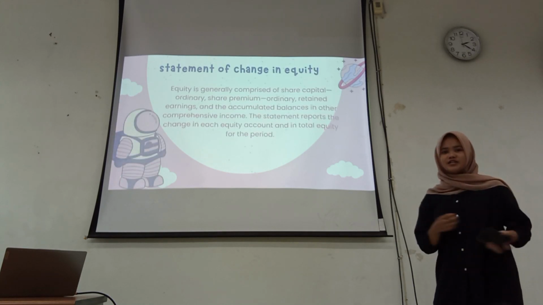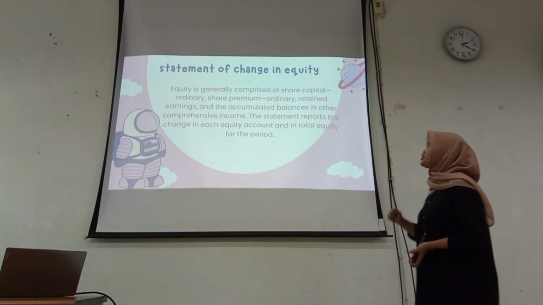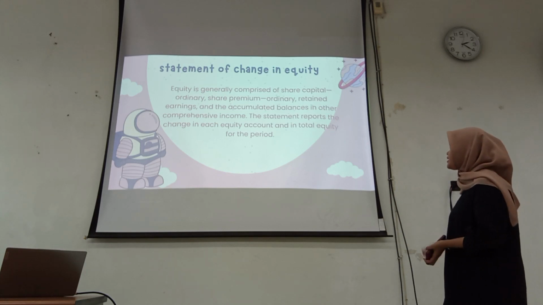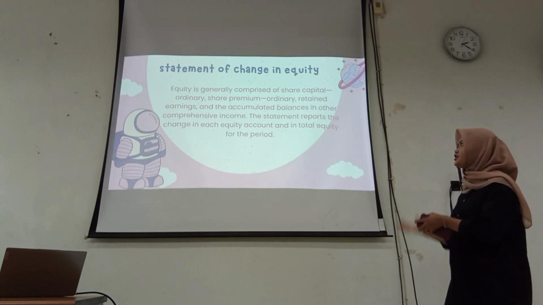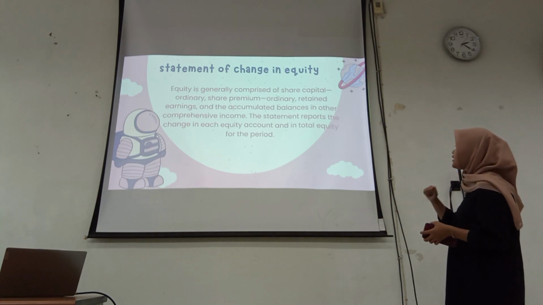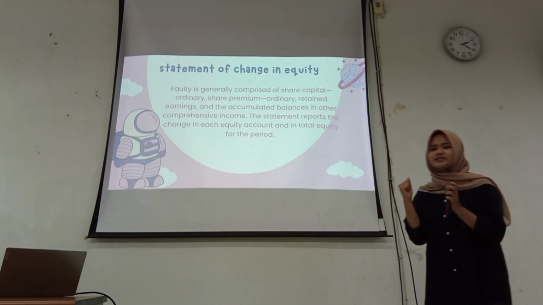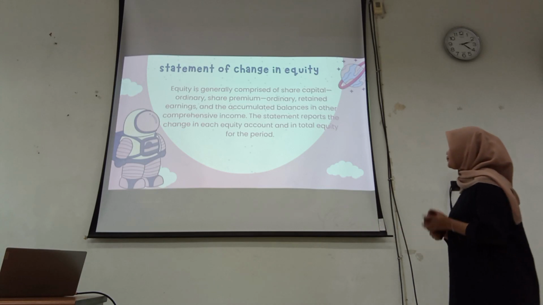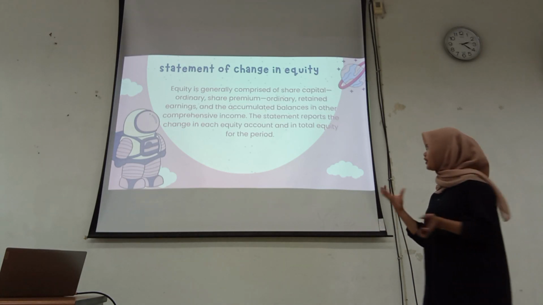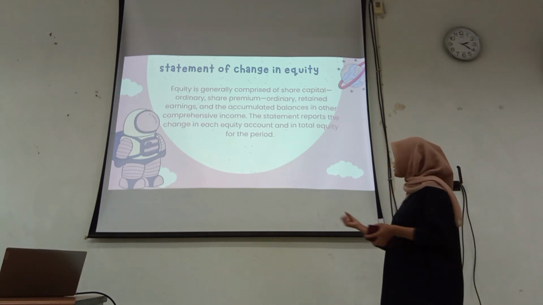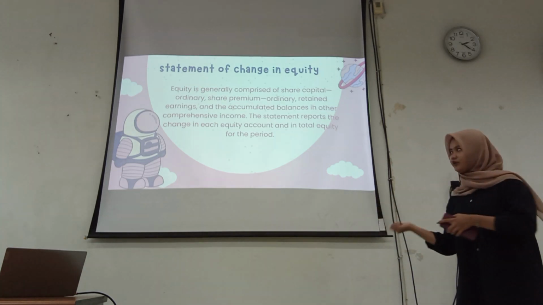And statement of changes in equity. Equity is generally comprised of share capital, ordinary share premium, ordinary retained earnings, and the accumulated balance in other comprehensive income. The statement reports the change in each equity account and in total equity for the period.